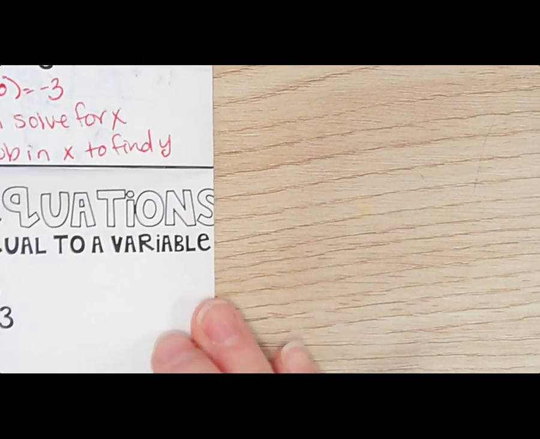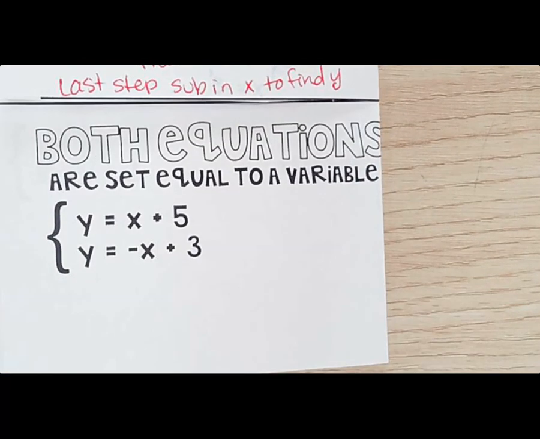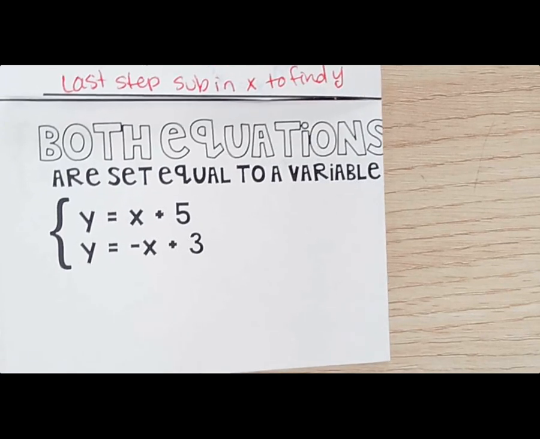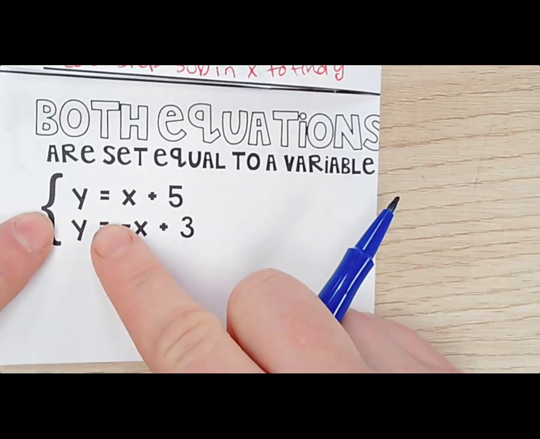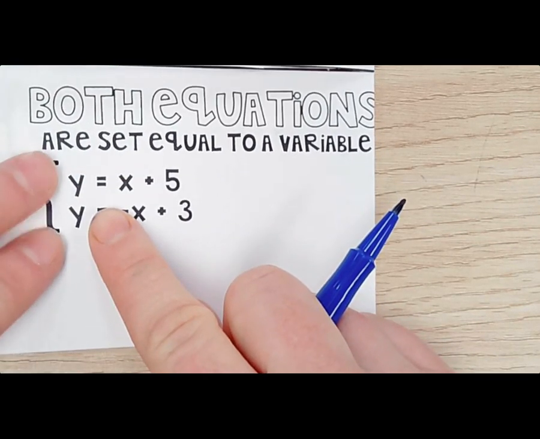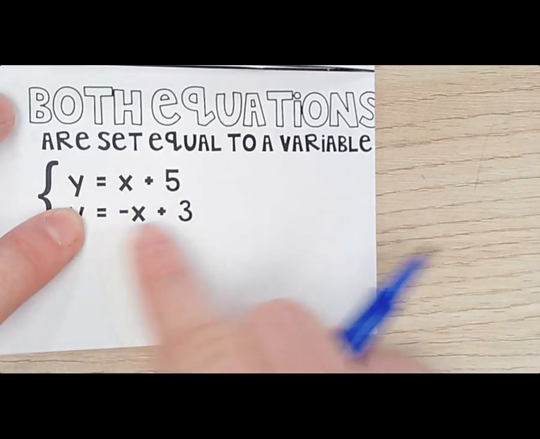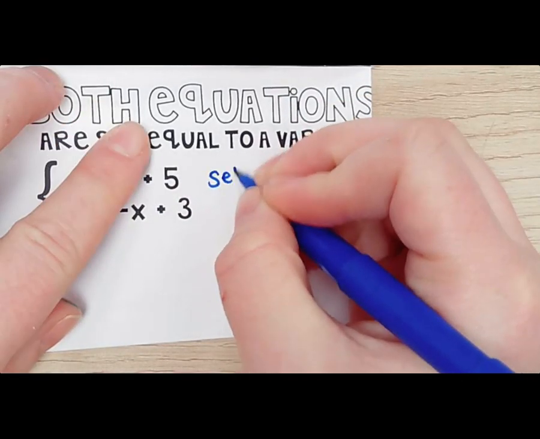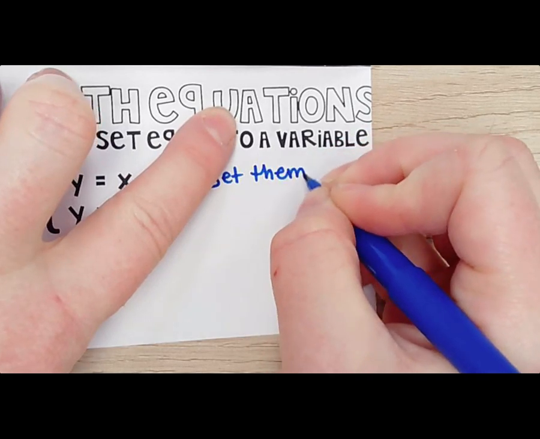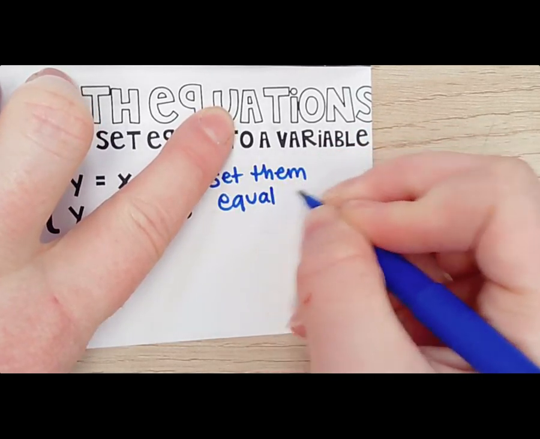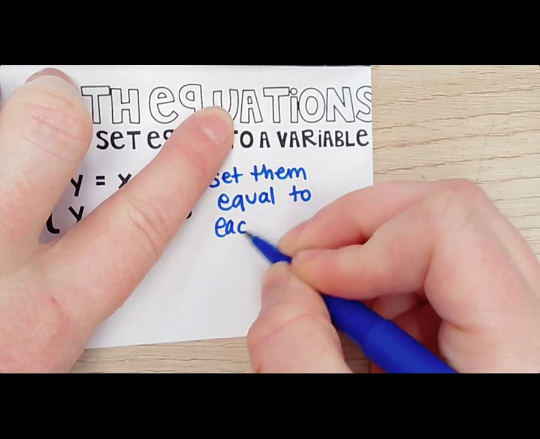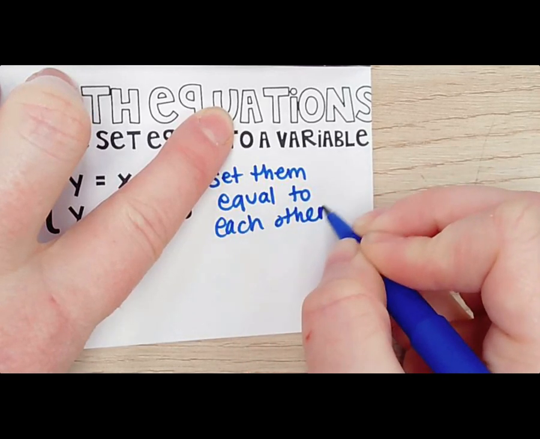So let's go to the last tab. It says both equations are set equal to a variable. So they're both set equal to the same variable. So if y equals this and y equals that, set them equal to each other and solve.